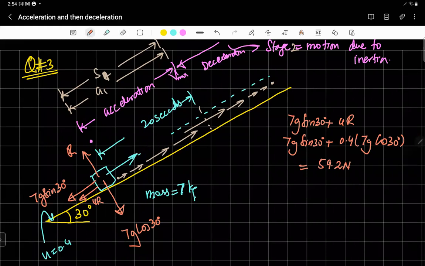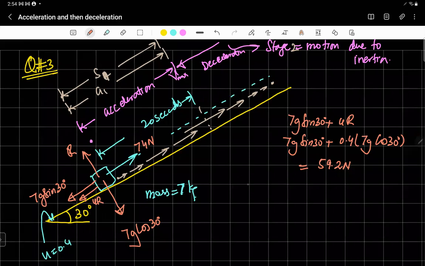Since I am making the question myself, let me change the value of the driving force. This is 74 Newton. Let us suppose that a force of 74 Newton acts on it for the first 20 seconds.